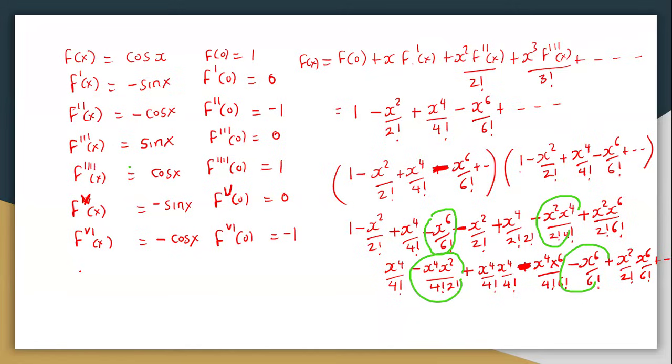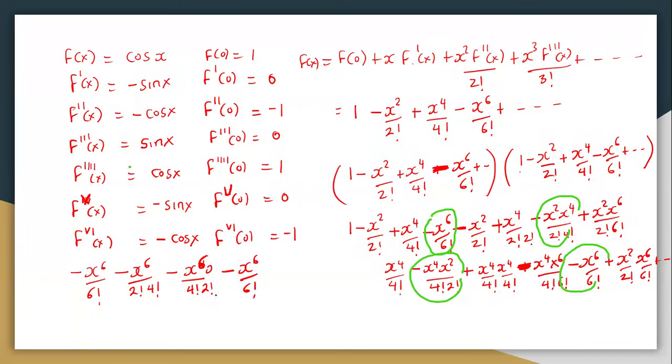I'm going to have negative x power 6 out of 6 factorial, minus x power 6 out of 2 factorial, 4 factorial, minus x power 4, x power 6 out of 4 factorial, 2 factorial, minus x power 6 out of 6 factorial.